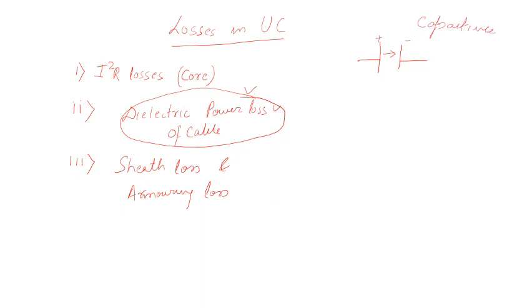So we have seen this dielectric medium in your capacitances. I have already shown you how the capacitances come into the picture for a core, between the core and the insulating material.